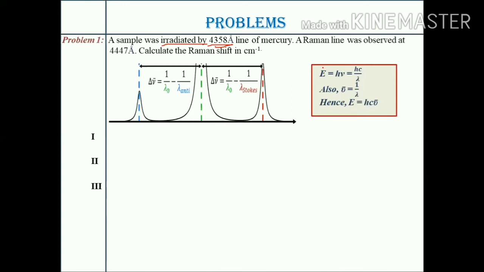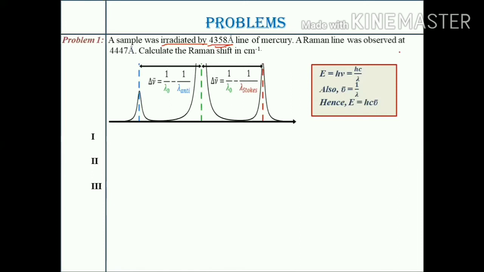So the sample was irradiated by 4358 angstrom. Angstrom is a unit for wavelength, like nanometer. Let's proceed.